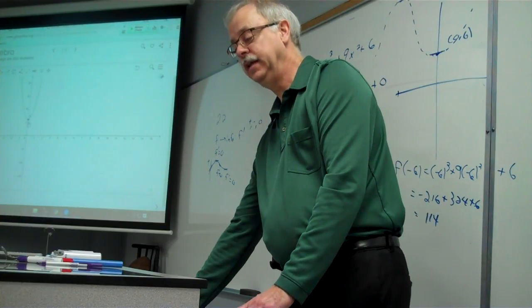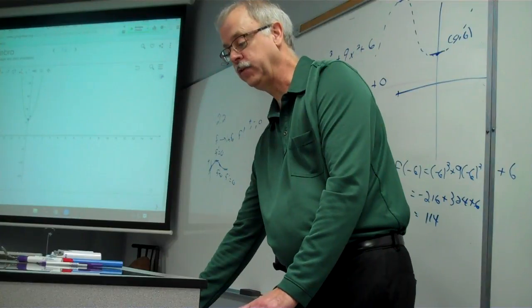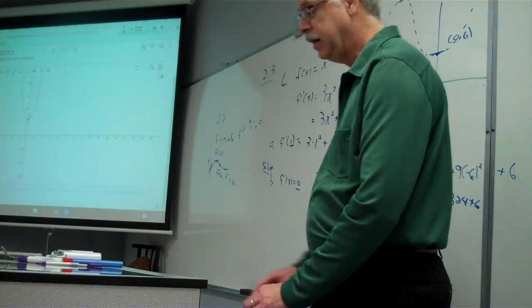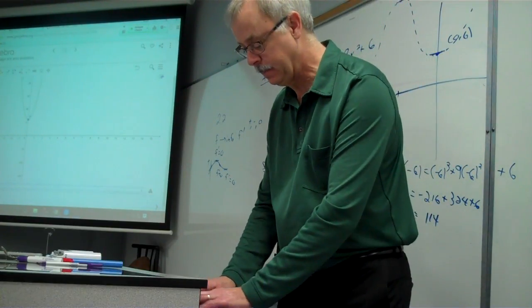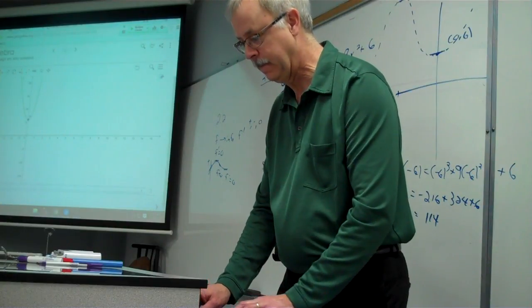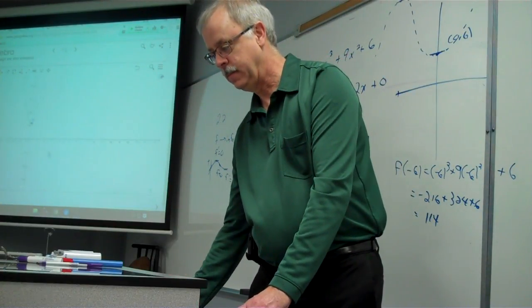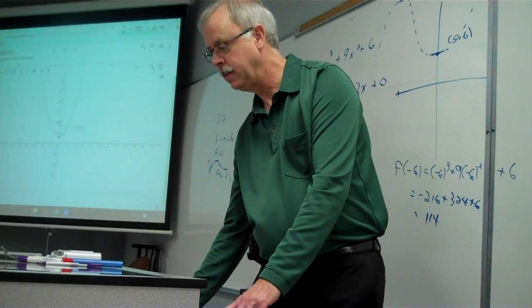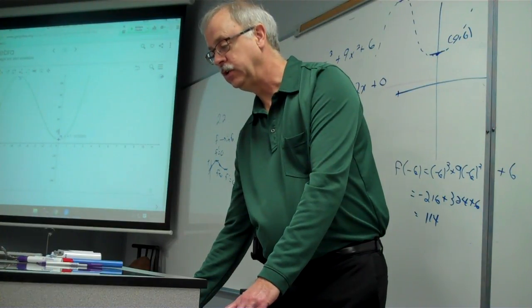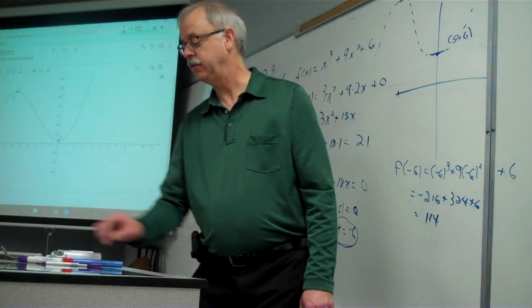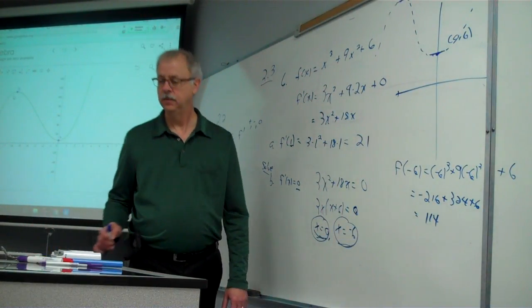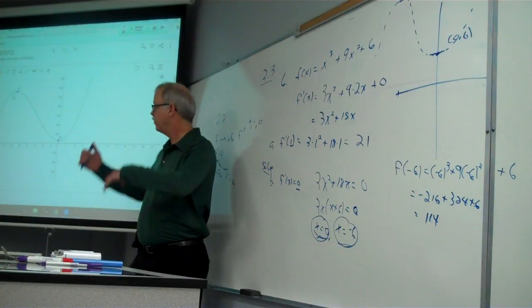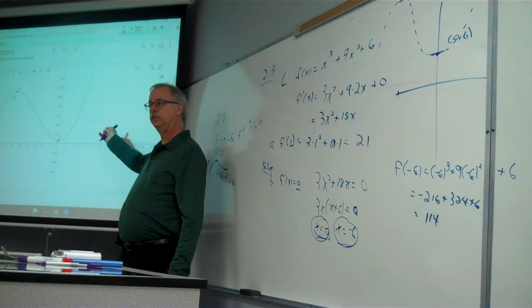And notice 0, 6 is where it levels off, and -6, 114, which notice happens to be the other place this graph levels off. And we knew that before we asked the graphing utility to do it.